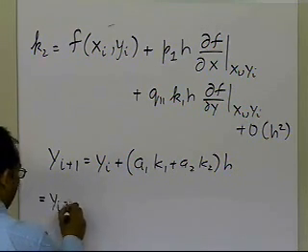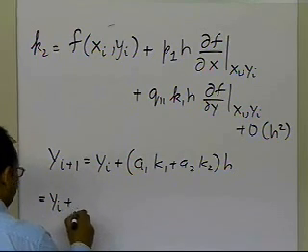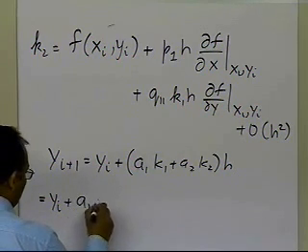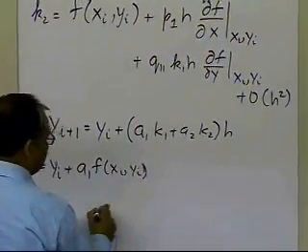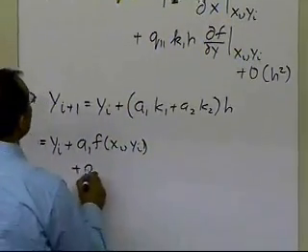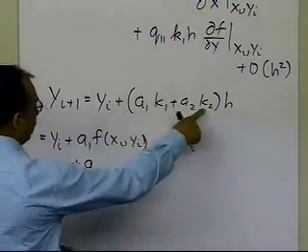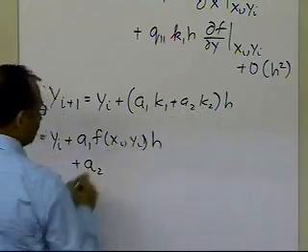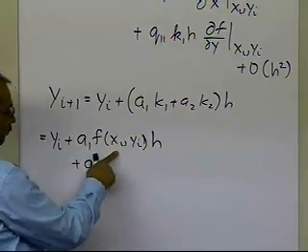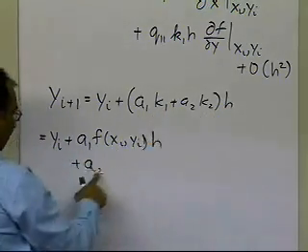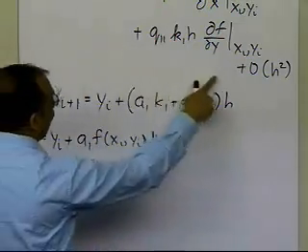I'm going to get y of i plus a1 times the value of the function at x of i, comma y of i, plus a2 times k2, and k2 is this times h here, because a1 times k1 is nothing but the value of the function at that point, times h. For a2 times k2, I'm going to substitute all of this here.